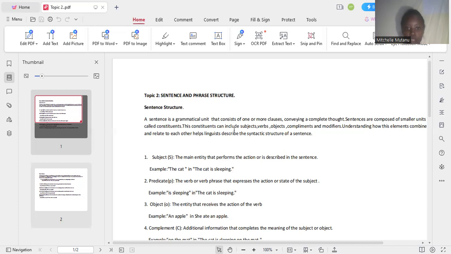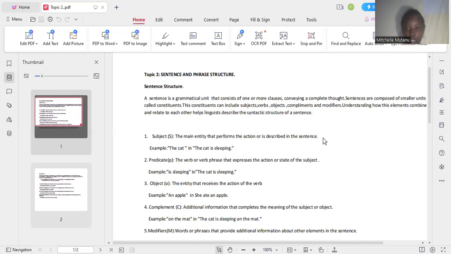These constituents can include subjects, verbs, objects, complements, and modifiers. Understanding how these elements combine and relate to each other helps linguists describe the syntactic structure of a sentence.